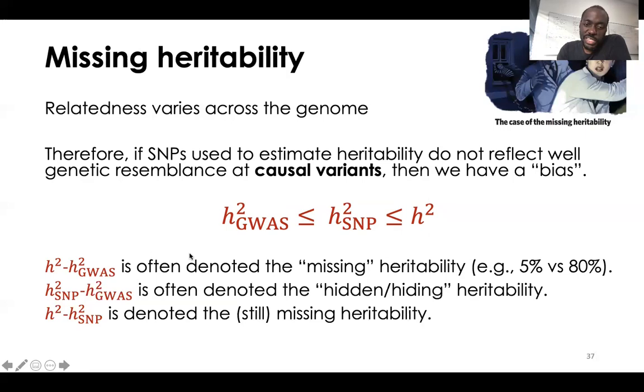There is another quantity that people have termed hidden or hiding heritability, which is essentially the difference between H-square SNPs and H-square GWAS.